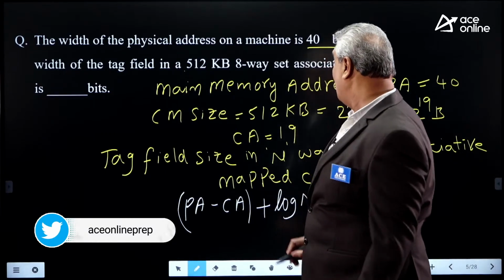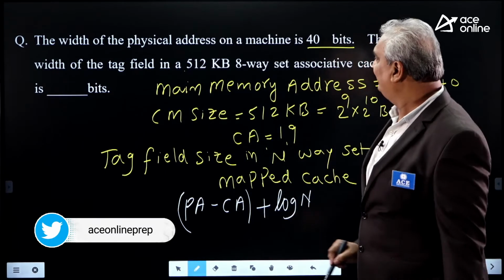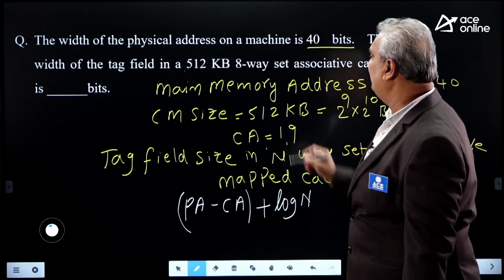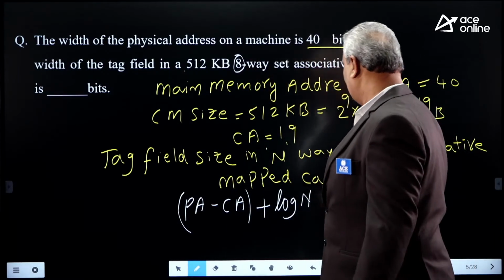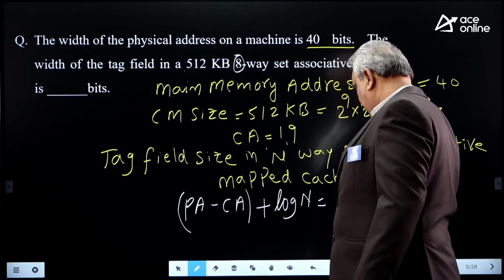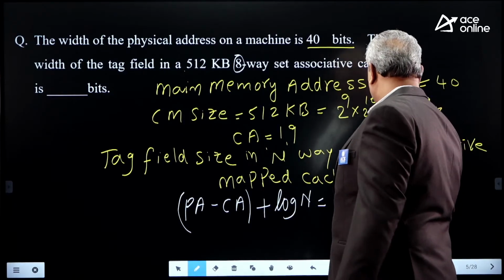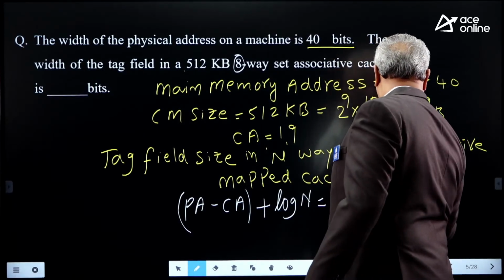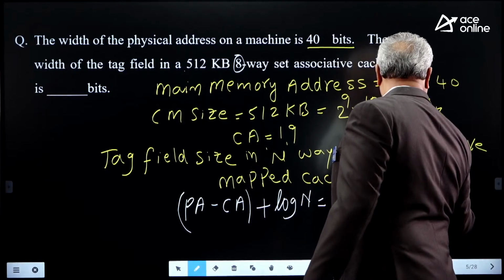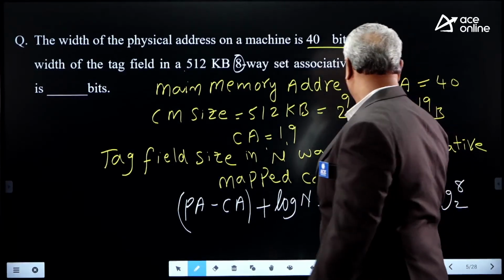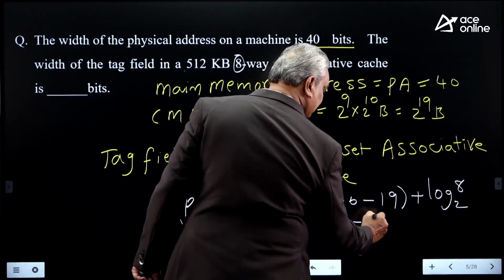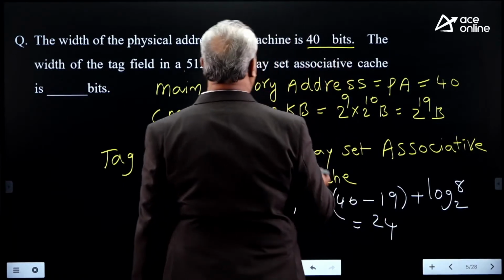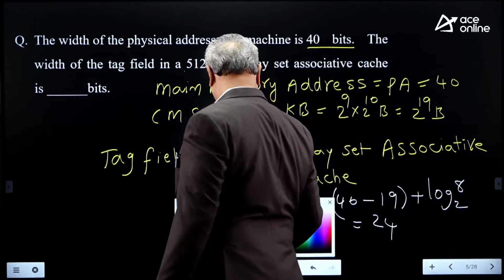What is n? The associativity. Here, the associativity mentioned is 8. That's why 40 minus 19 plus log 8 with base 2, which is 21 plus 3, 24. So our answer is 24.